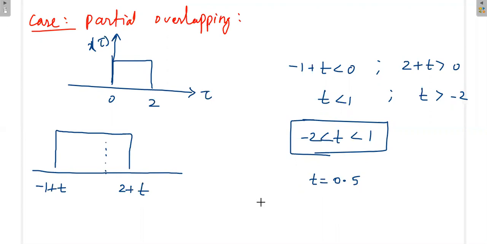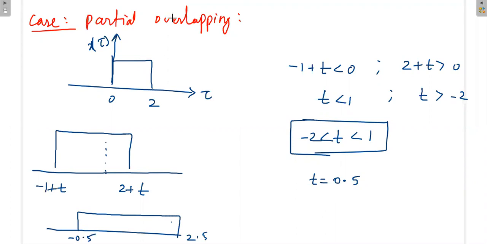Yes, I think we made one more mistake here. If you choose t equal to 0.5, here you will get minus 0.5, and on this side you will get 2.5.